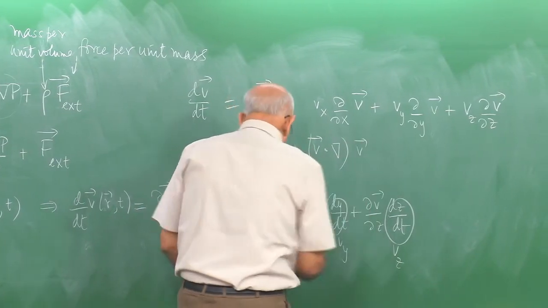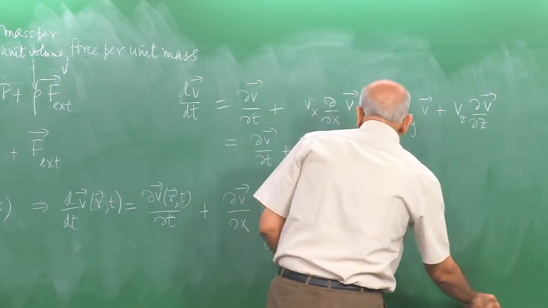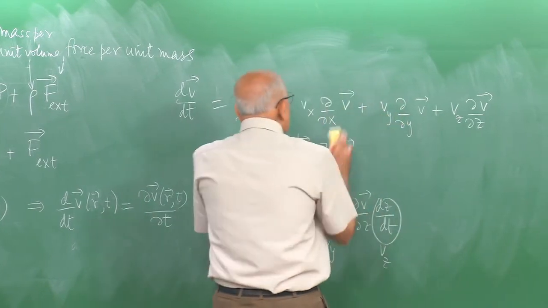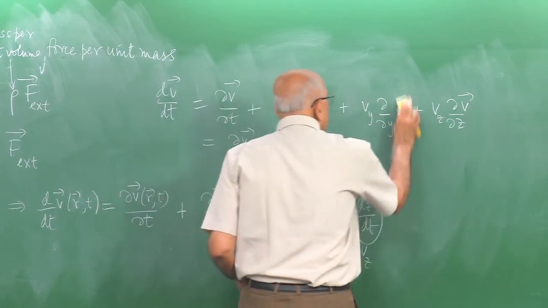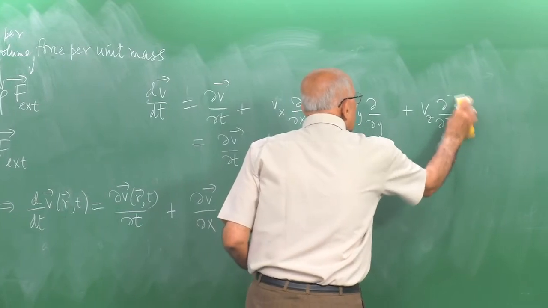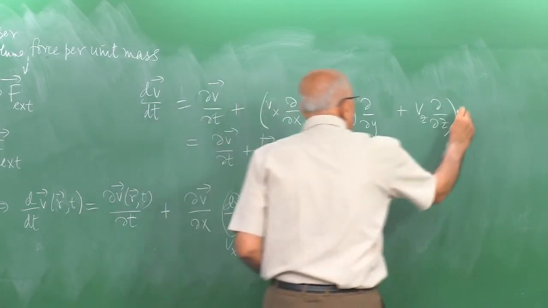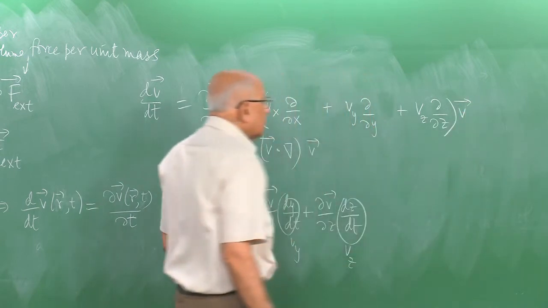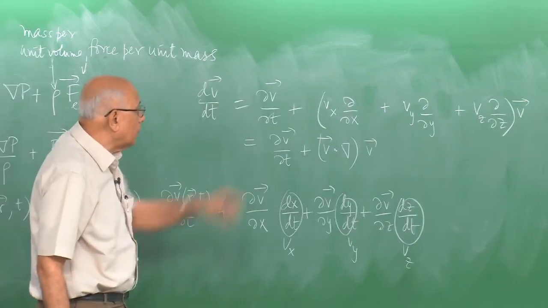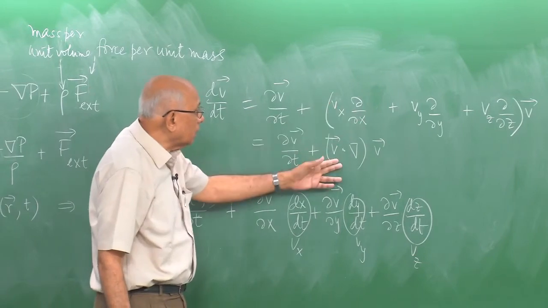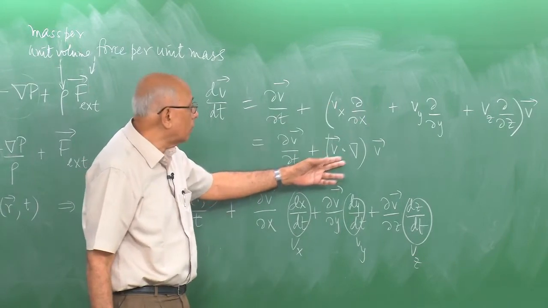V, where this V dot del stands for the following quantity. It stands for this combination of quantities acting on V, the partial derivatives act on V. So, that is by definition V dot del acting on V here.